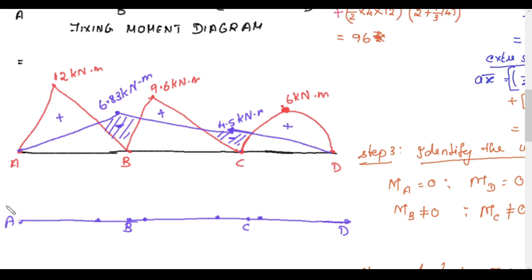So we will have a sagging, then from here you have a hogging up to this. Again you will have a sagging, you will have a hogging at the support, then again you will have a sagging. This is your deflection diagram.